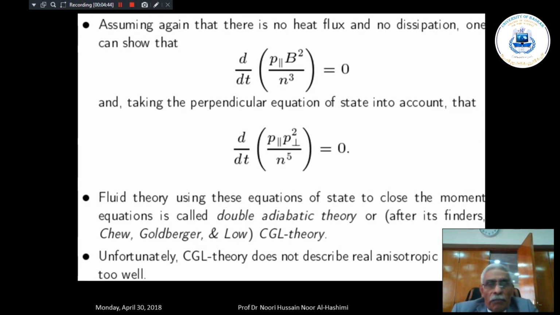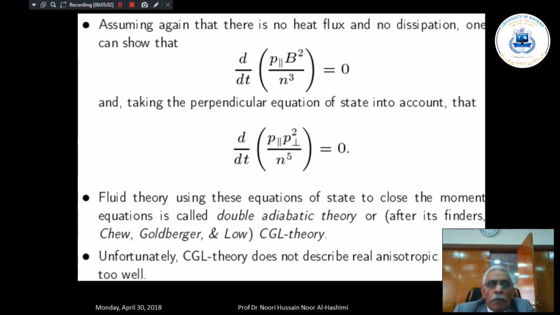Assuming again that there is no heat flux and no dissipation, one can show that d/dt of p parallel b square over n cubic equals 0.